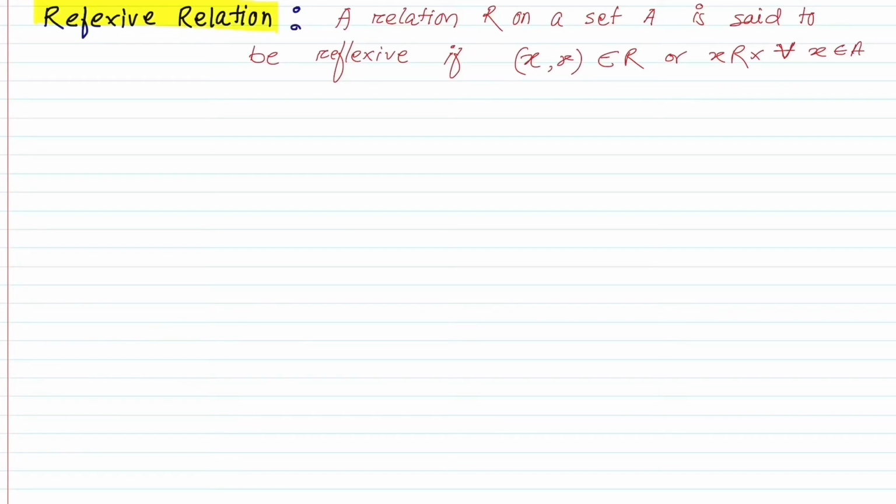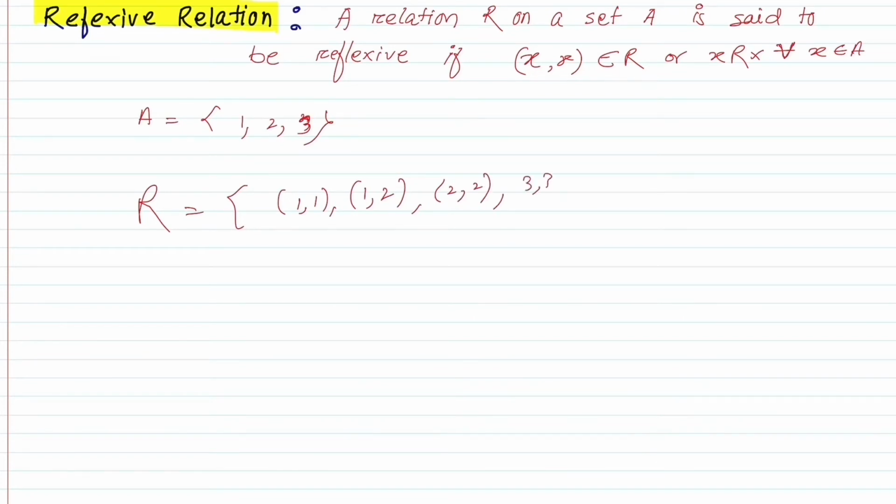So let me explain it. Suppose we have a relation on set A. Suppose set A is {1, 2, 3}, a set containing these 3 elements. Then a relation R contains the ordered pairs (1, 1), (1, 2), (2, 2), (3, 3).